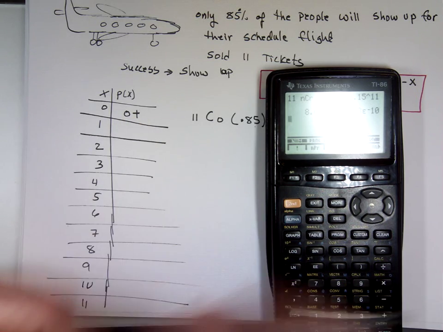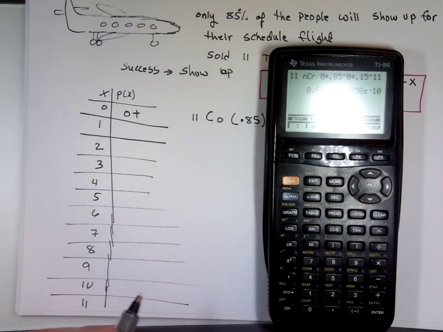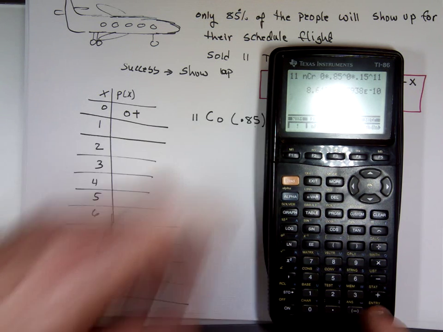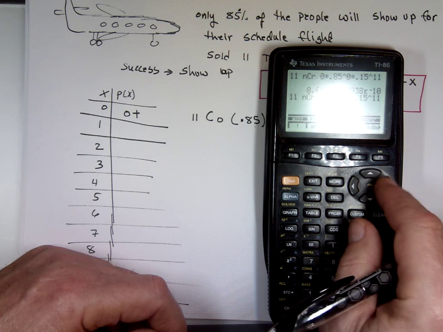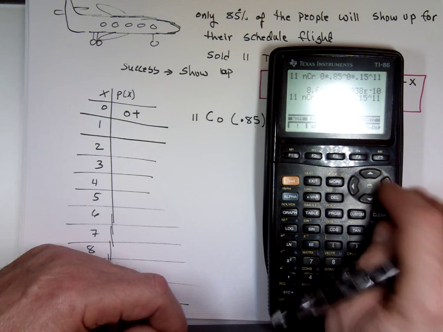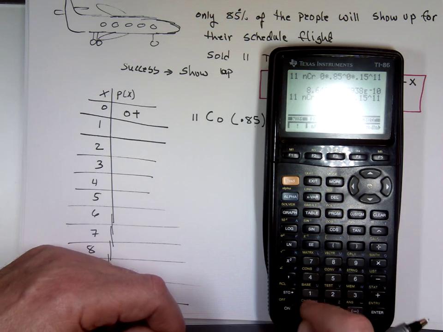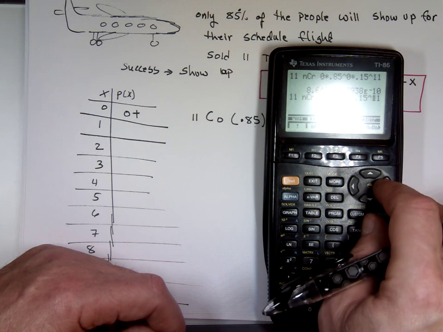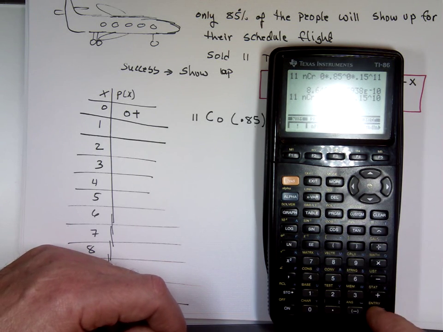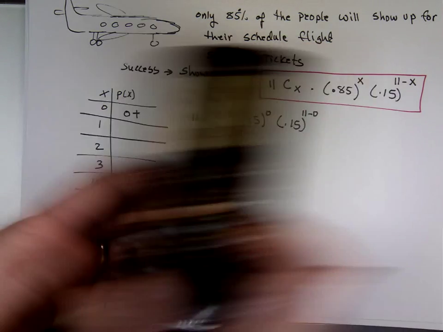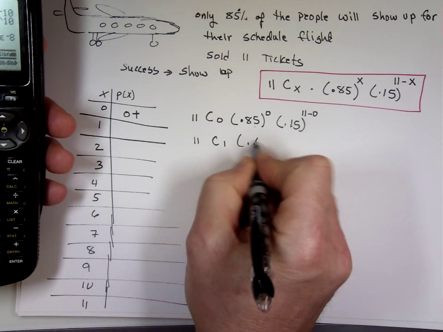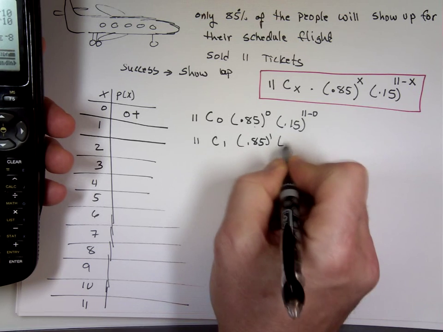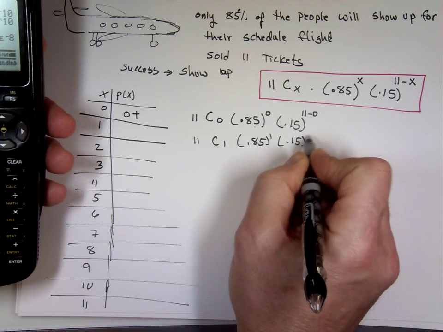Let's do it for 1. I can cheat here, retype that expression, go higher, and take the 0, make it 1, and make that a 10. So for the next one, it's 11 C 1, 0.85 to the 1, 0.15 to the 10.